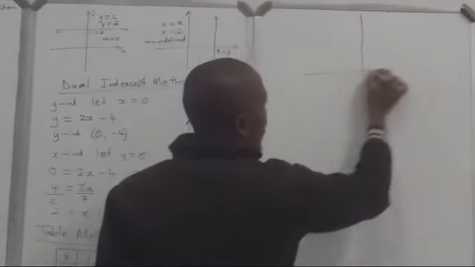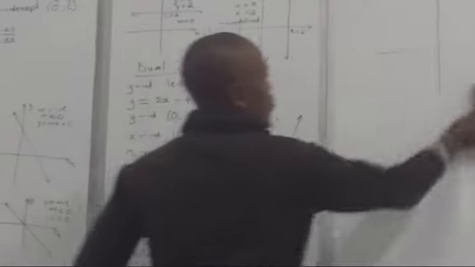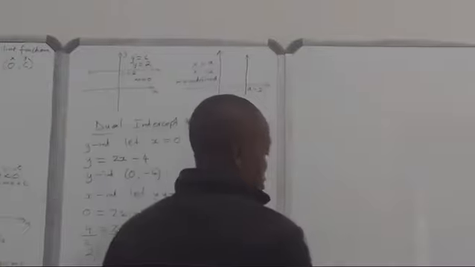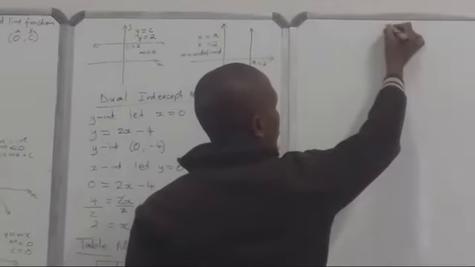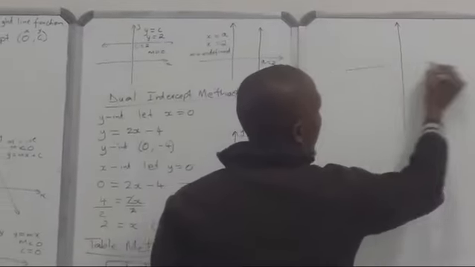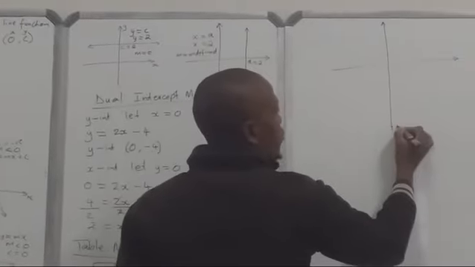Let's draw a new Cartesian plane. It's not a nice one, so let's do a nice one. A new Cartesian plane. So we have negative 4 there and a 0.